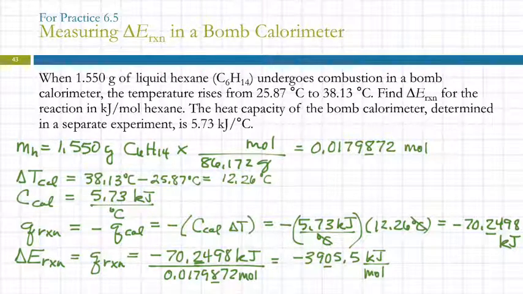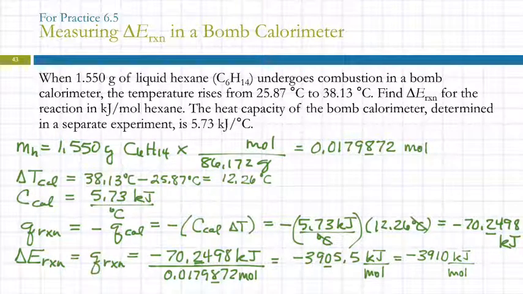It's a big number. Is it okay? Yeah, it's okay. We can have big numbers. How do we round that, though? 3910 with no period. Yeah. We can round that as minus 3910, no period, kilojoules per mole. Or you can put it in scientific notation.